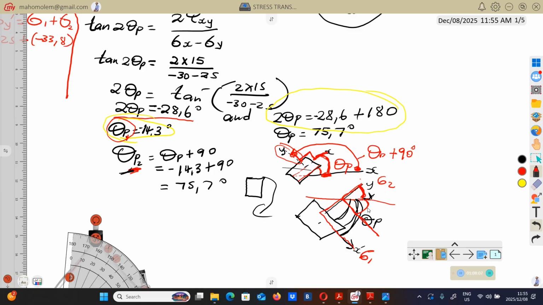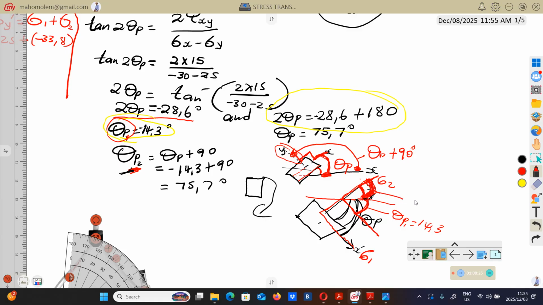So if this one, which is theta P, equals 14.3, then how much will be this angle here? How much will be this one?